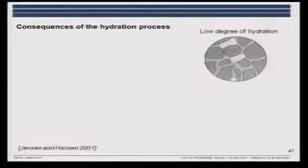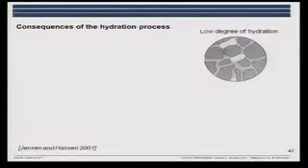First of all, as the hydration process takes place, we have this chemical shrinkage causing drying out of the coarser pores. It starts with the largest pore drying out first. This is illustrated by this figure, where we have a low degree of hydration and a few pores.